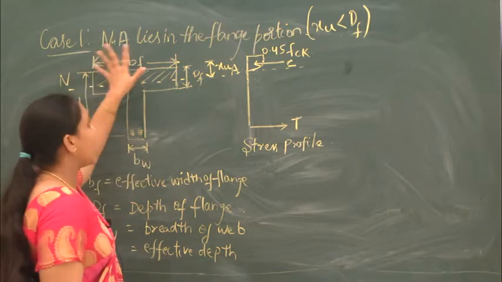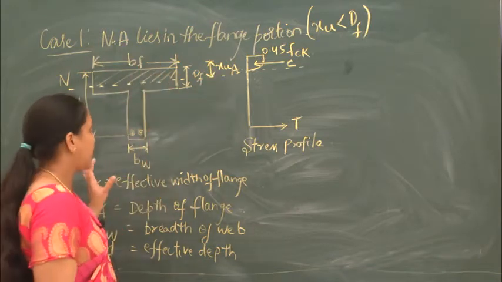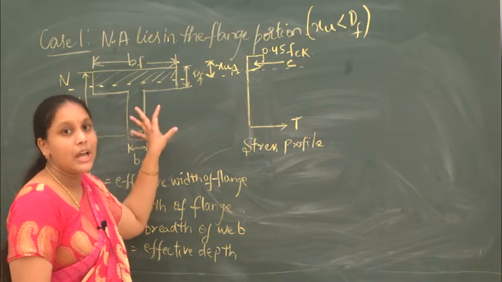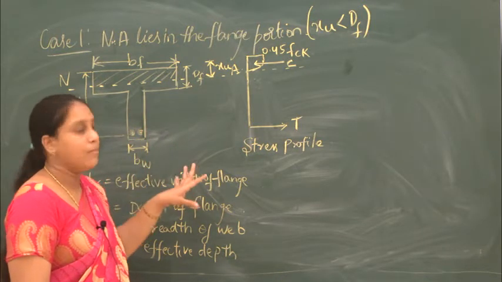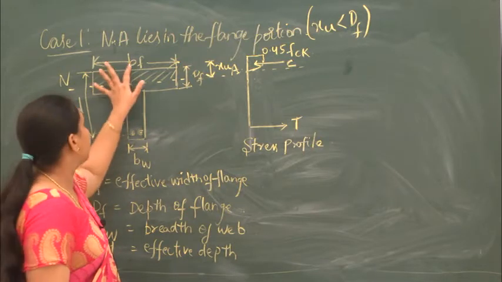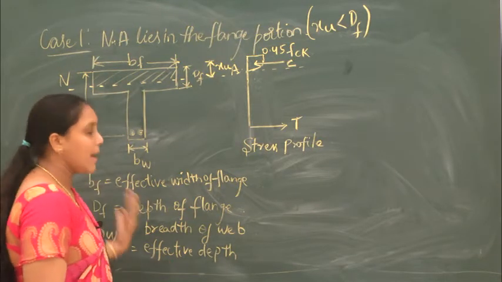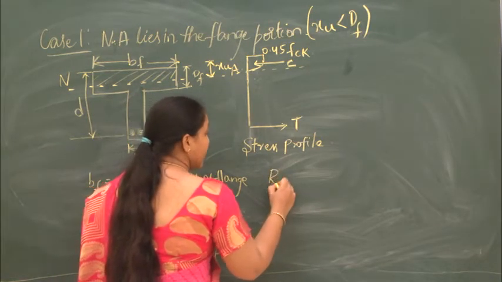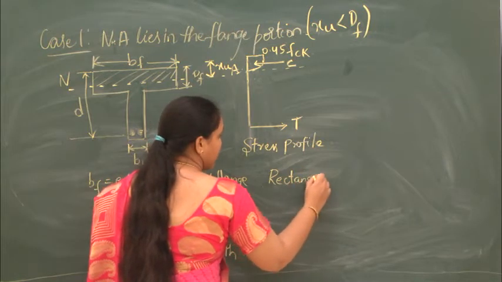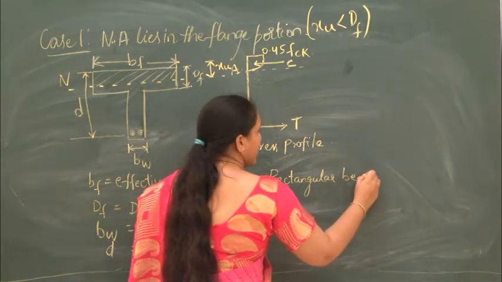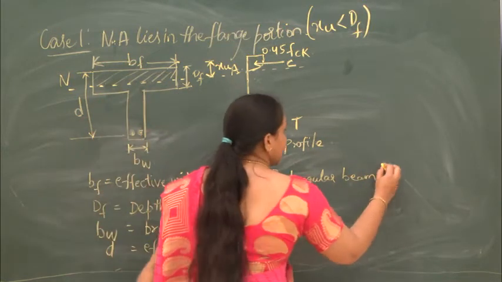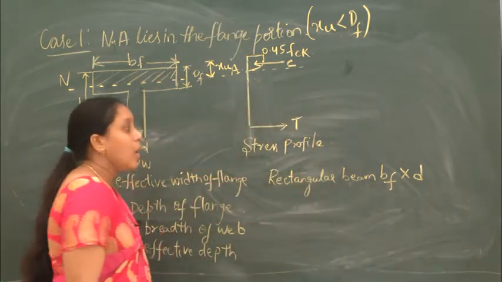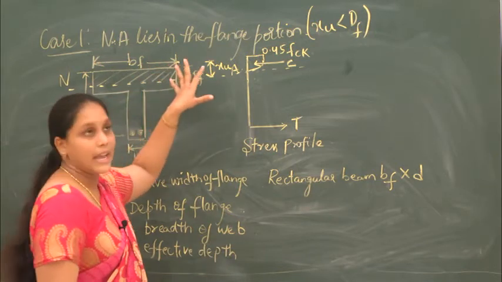So when the neutral axis is lying in the flange portion, you are going to consider this T section as a rectangular beam of dimensions BF into D. Why? Because the neutral axis is lying in the flange portion.